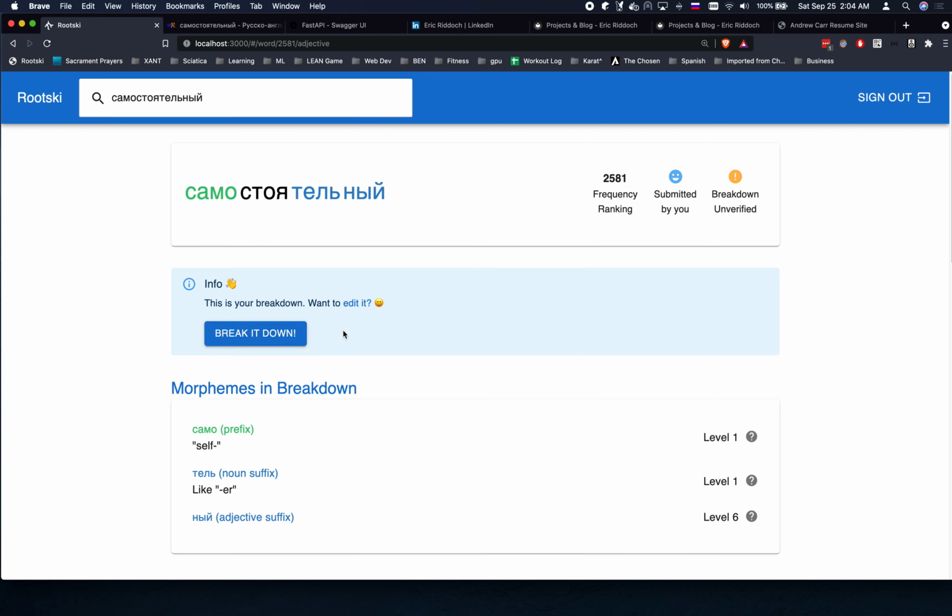Other users won't see if there are multiple breakdowns for a given word. If I'm a user and I contributed one of those breakdowns, I will always see my breakdown, and if I want to re-break it down, I will be updating my breakdown. But if only one user has contributed a breakdown, everyone sees that one user's breakdown. Hopefully that makes sense. If it doesn't, it's okay. It's not that important right now.